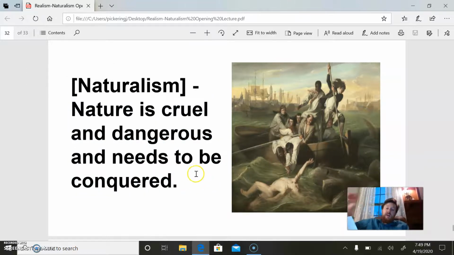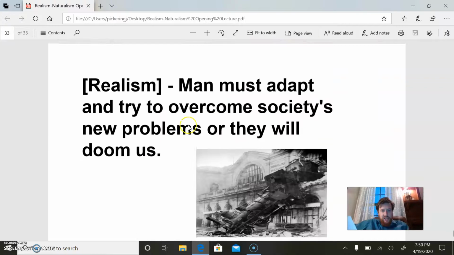No, no, no, no, no. Nature is horrible, and just like you see in this picture here, will destroy you at any chance it gets. And the only way that we're going to carve out our own world in the natural world is to destroy and conquer it. Okay? It's a powerful force and deadly, and it'll kill you the second you turn your back on it. Conquer it before it conquers us. Okay, so a big change there.